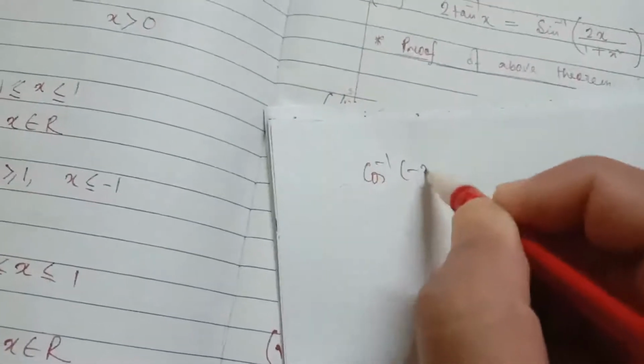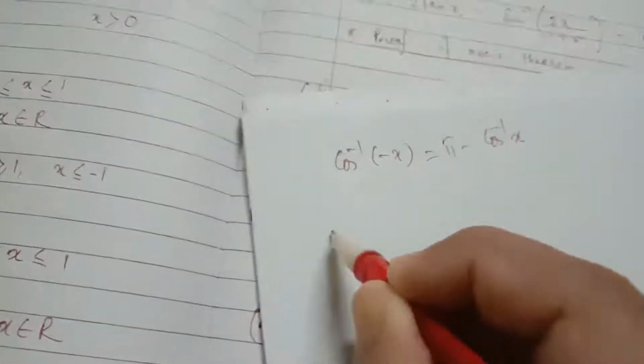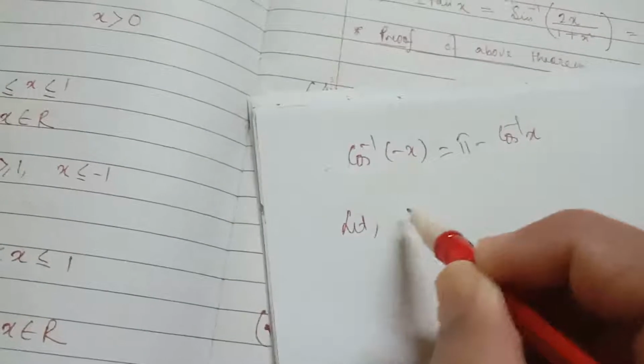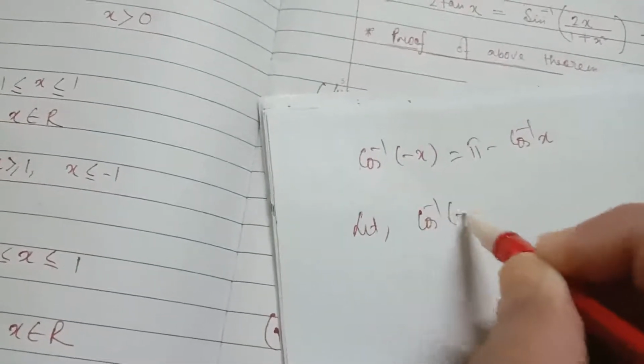Cos inverse of minus x is equal to pi minus cos inverse of x. Like the last theorem, let cos inverse of minus x be equal to a.